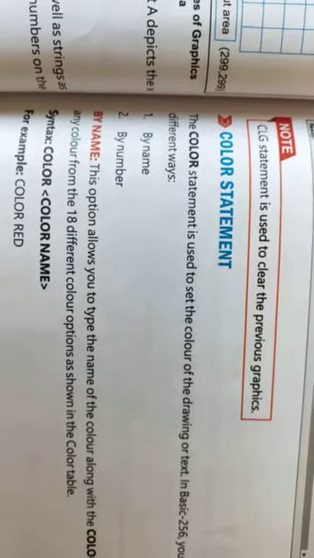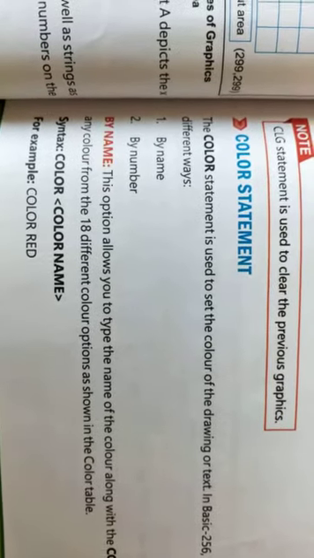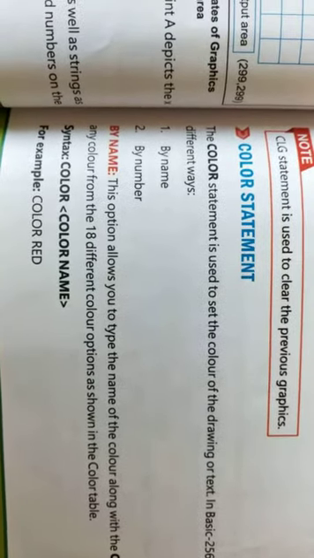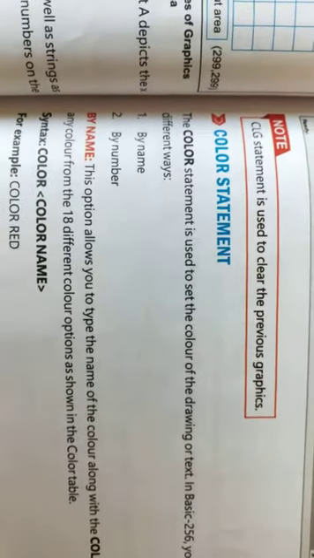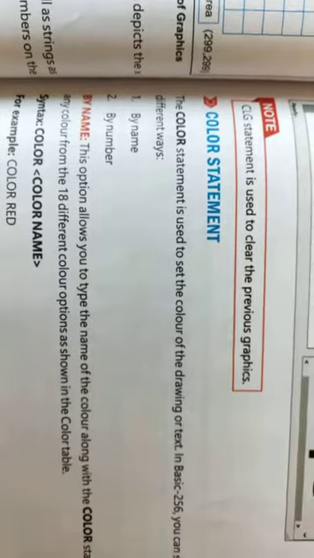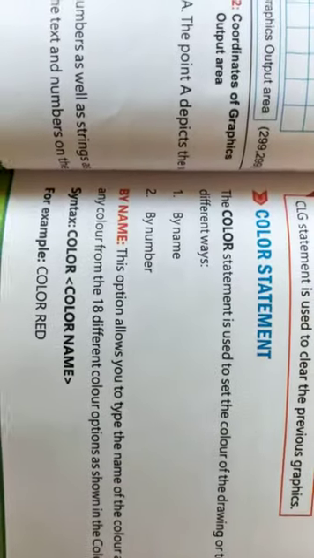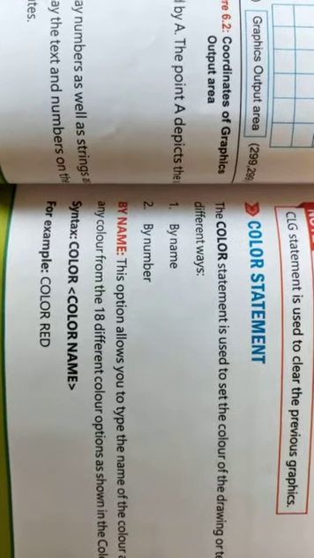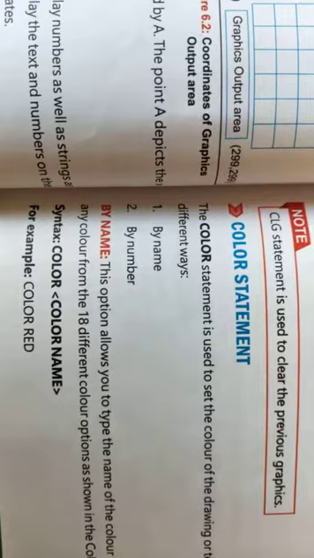Now we will see how to give color to the particular word we want to print on the computer screen. The color statement is used to set the color of the drawing text in BASIC-256. There are two different ways to give color to your fonts.